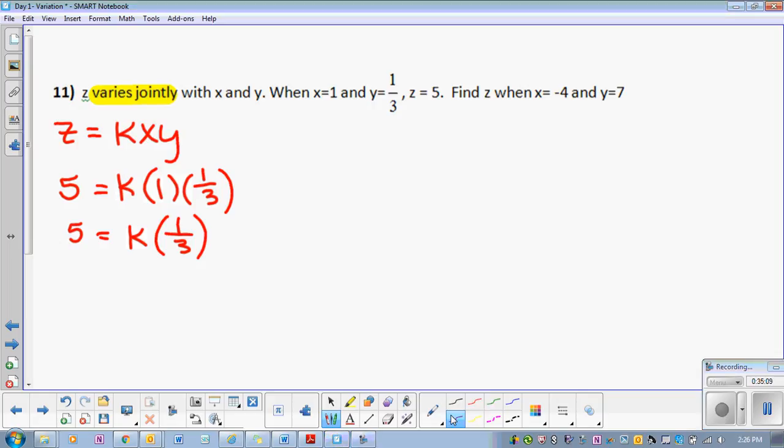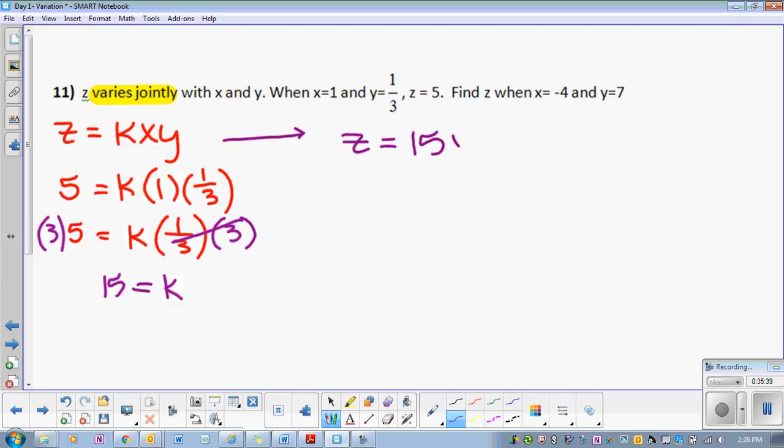Okay, so multiply by the reciprocal. If you flip 1/3, what do you get? So multiply by 3. So k equals 15. So you're going to say z equals 15xy.